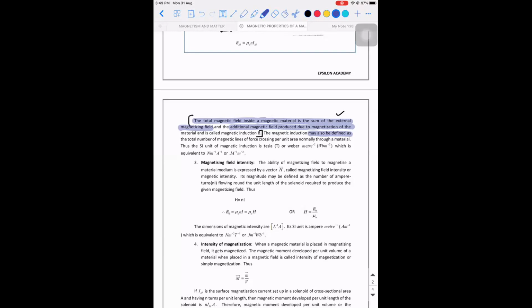Especially this definition. It may also be defined as the total number of magnetic field lines of force crossing per unit area normally through a material. I'm repeating it. That is the flux divided by the area.